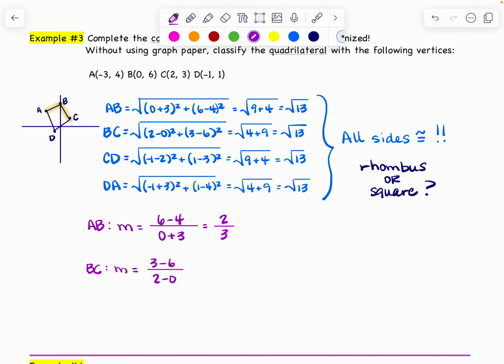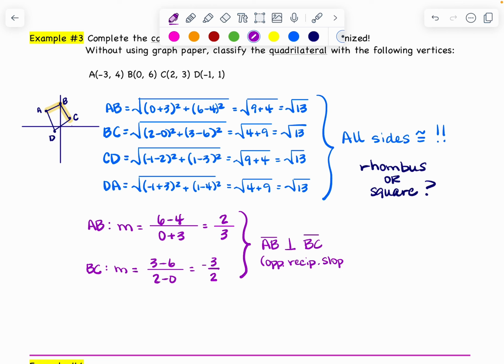So BC, change in y's, so 3 minus 6, 2 minus 0, and that gives me -3/2. Are those opposite reciprocal slopes? I think so. So we have just proven that side AB is in fact perpendicular to side BC.